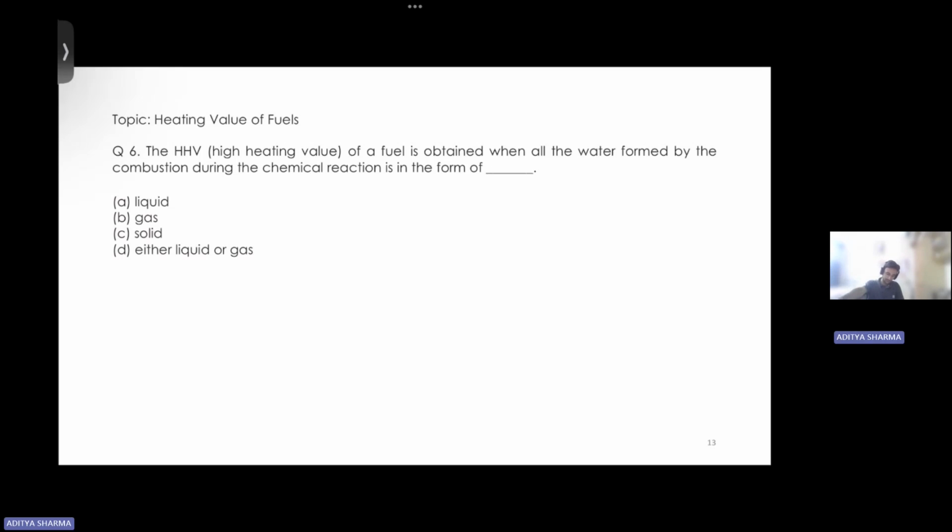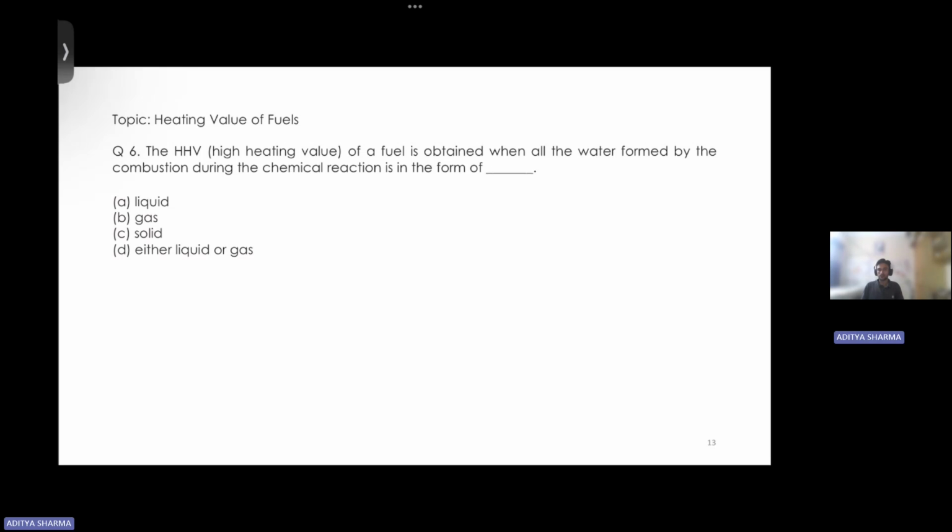Okay, so we have discussed that high heating value is defined when the water in your products is in liquid form, right? Because if it was in vapor state, then some amount of the heat of your combustion would be used in vaporization of that water. But when the water is in liquid state, it means that we have saved that energy, right?